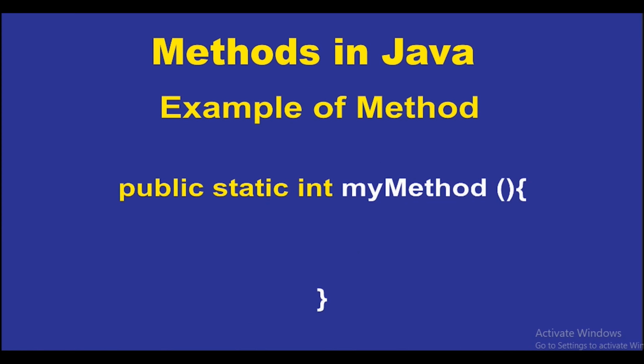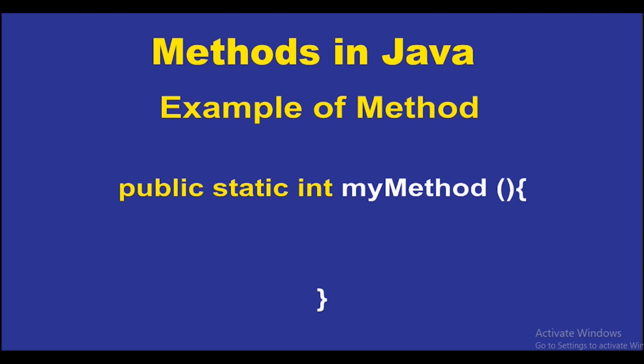Here is an example of a method. It starts with public static int myMethod, but that does not mean that every method will start with public. This public is an access modifier, which means that this method can be accessed publicly. We will discuss access modifiers later in the course.